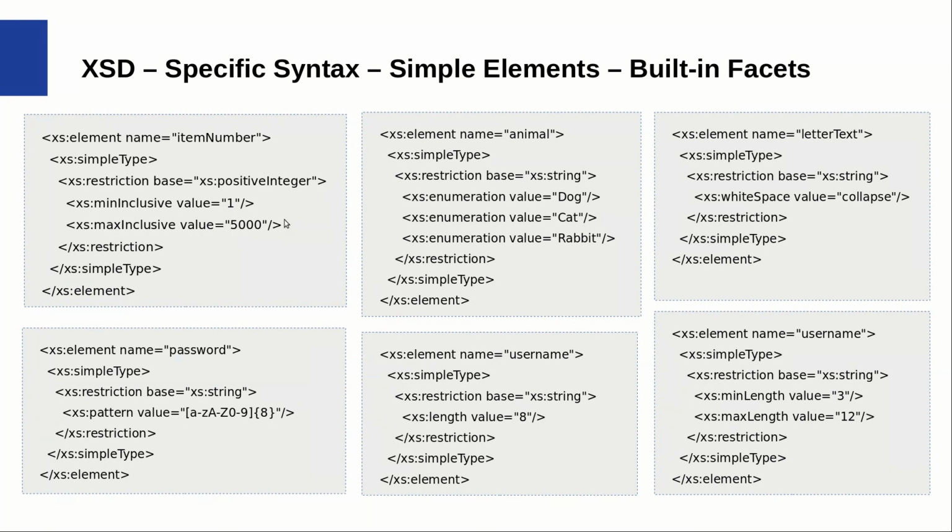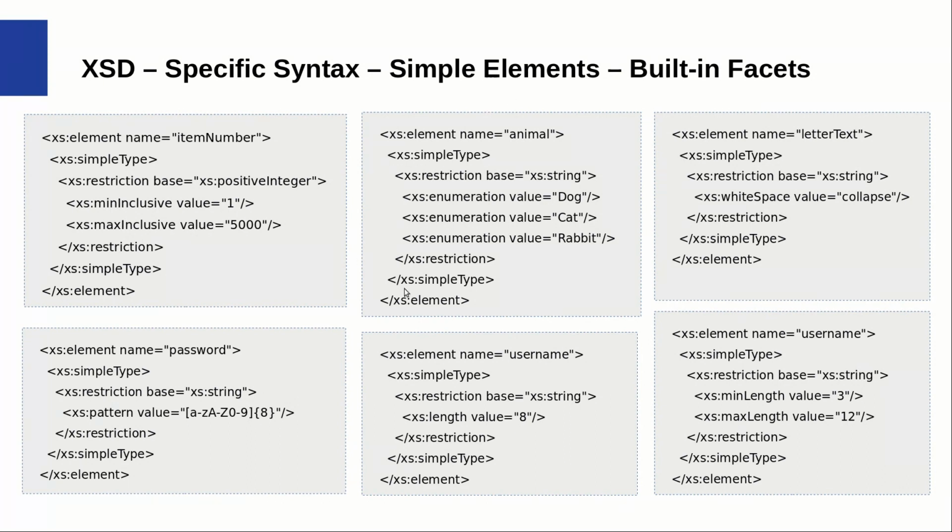So any number in this interval from 1 to 5,000, both inclusive, can be accepted as the element content value anywhere this element is used in any instance that would refer to the XSD where this simple element is being declared.